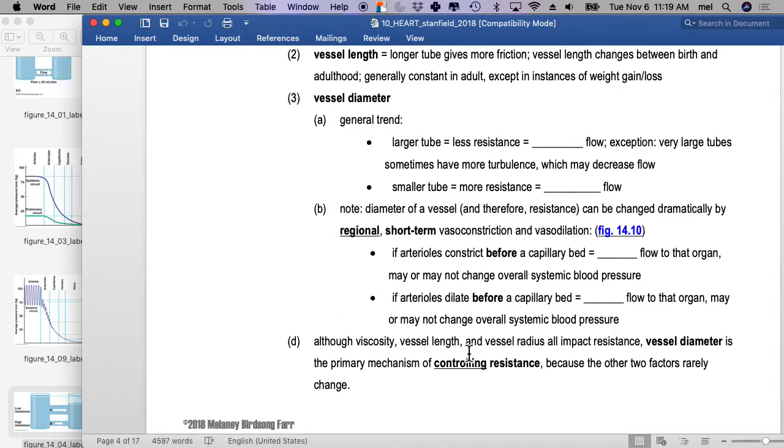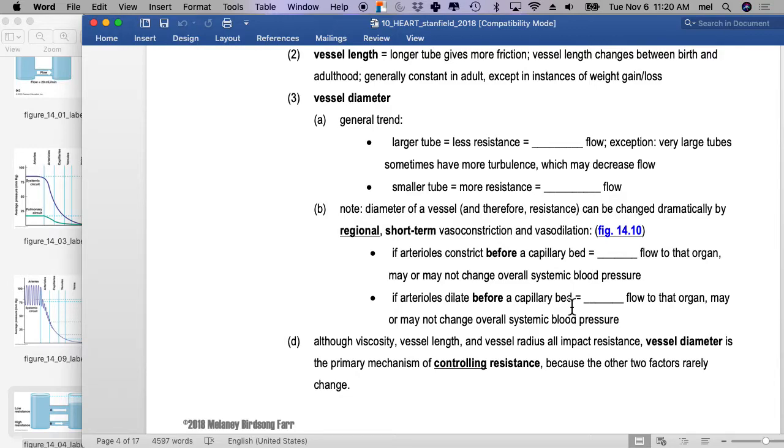So one last little thing before you guys leave. You can also change the diameter of a vessel with vasoconstriction and vasodilation. That's regional and short term, right? And if you do that, you're just manipulating resistance to manipulate flow. So let's put this together.